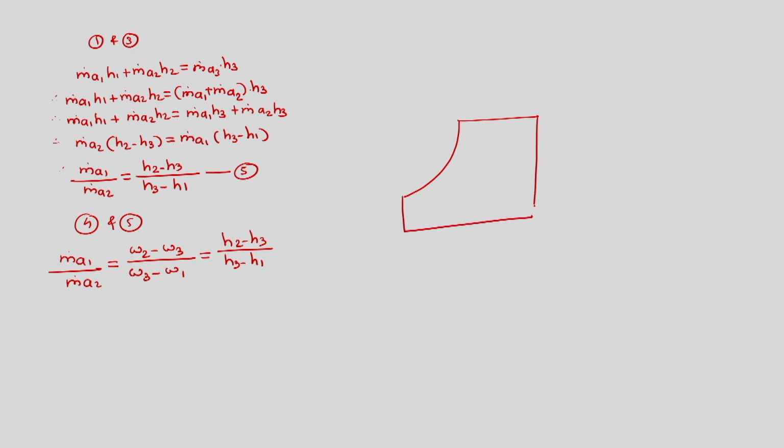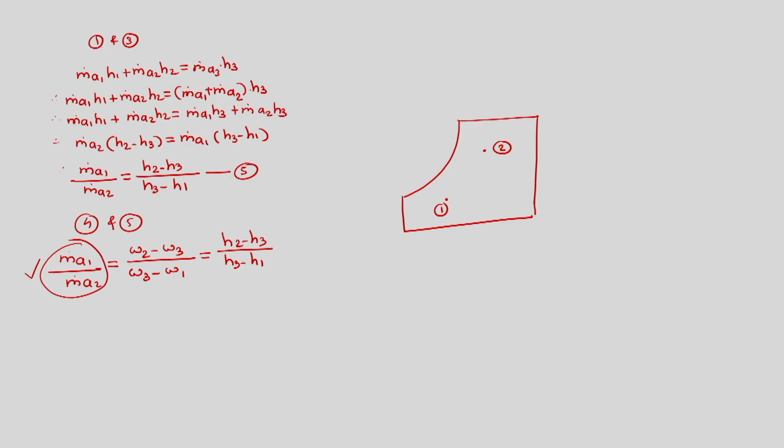If we know that we are at state 1 here, we are at state 2 here, then we have to identify where is our state 3, and that is why we would know mass flow rates m dot A1 and m dot A2. Then from m dot A1 and m dot A2 we can take their ratio. So this ratio is known to us. So the left hand side is known to us.